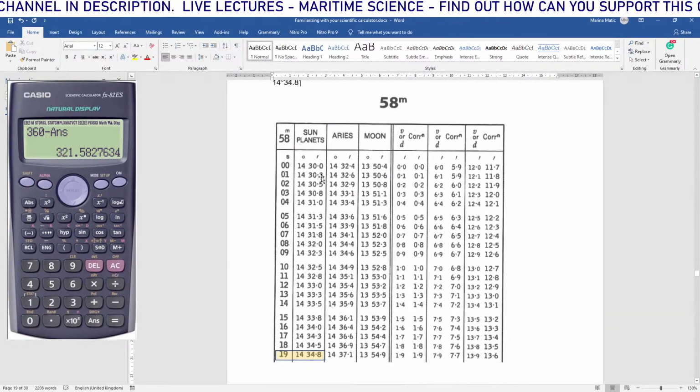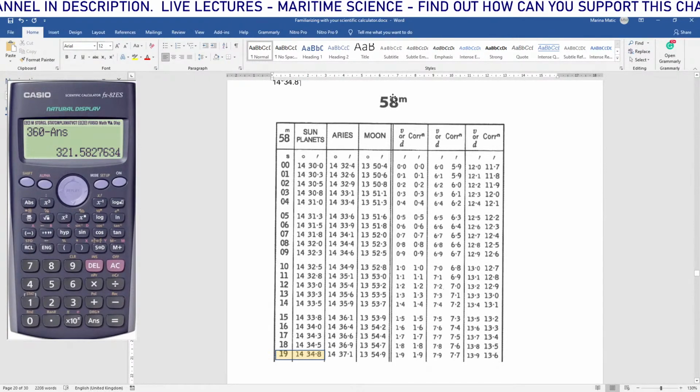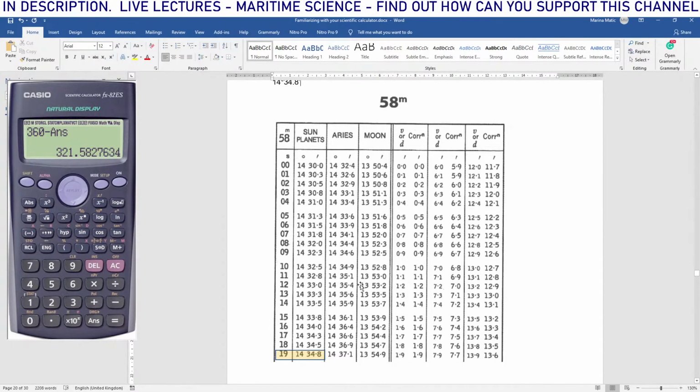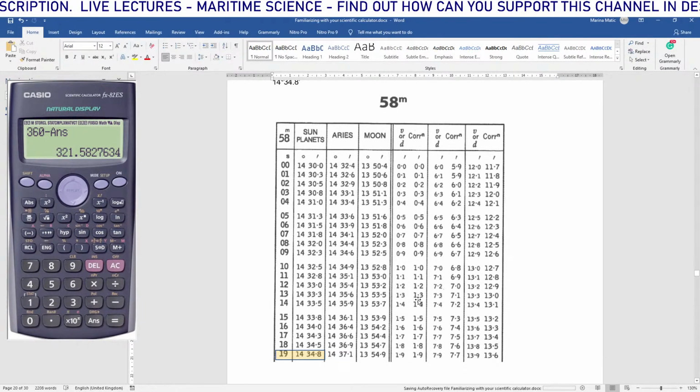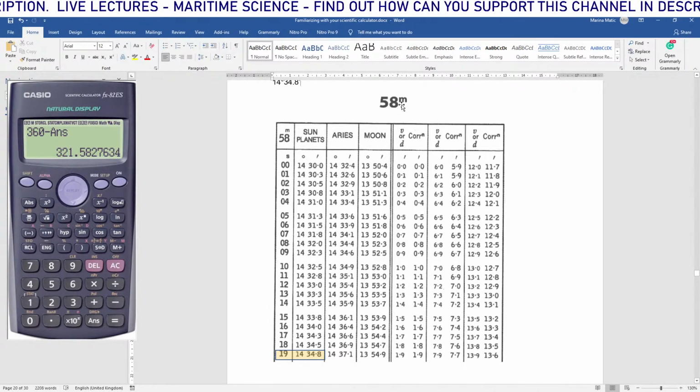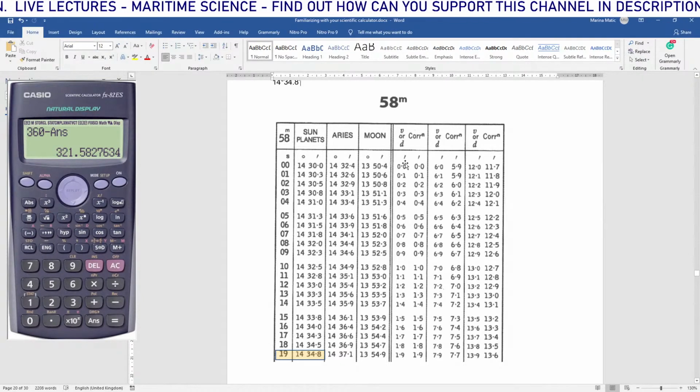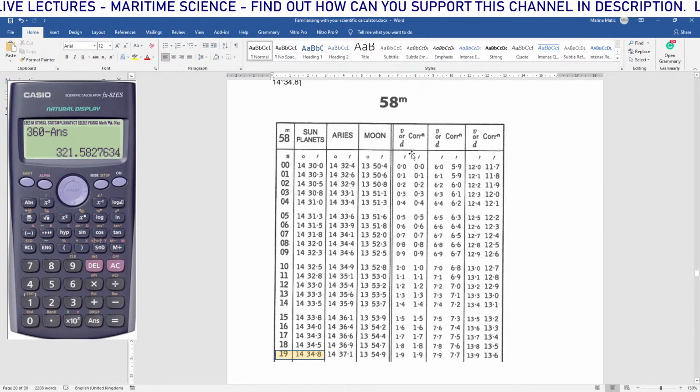Now, there is something interesting here under 58. I told you we have this table here, and separated from it, we have another table on the side also belonging to this minute, 58 minute. So now we need to extract the correction for declination. Now the D value is what we enter here.